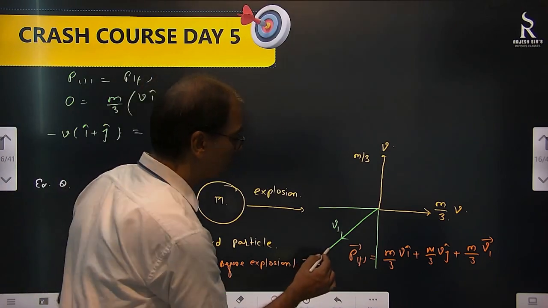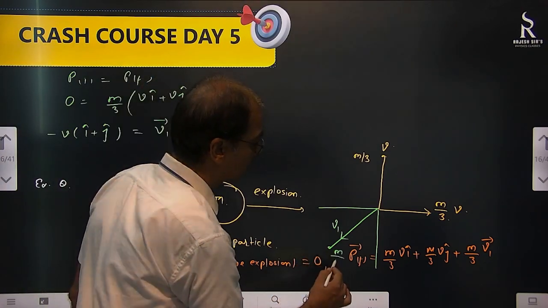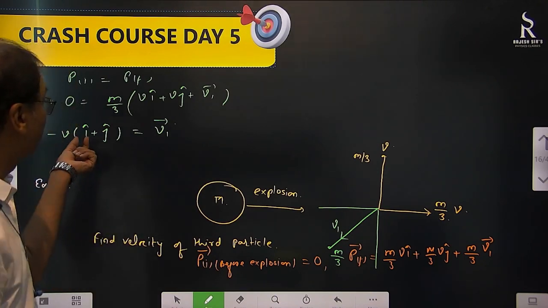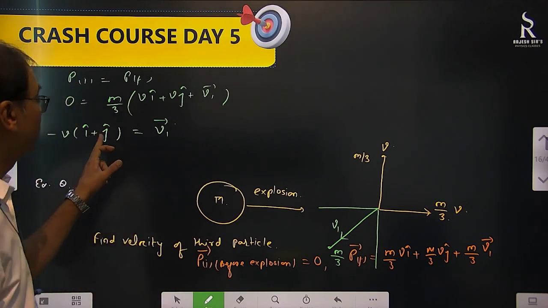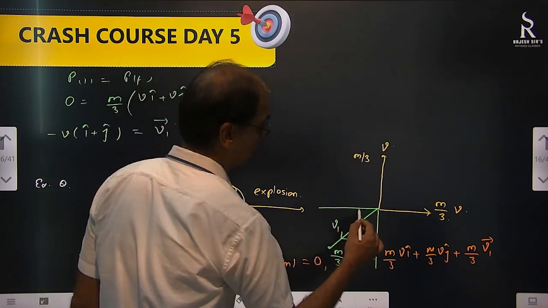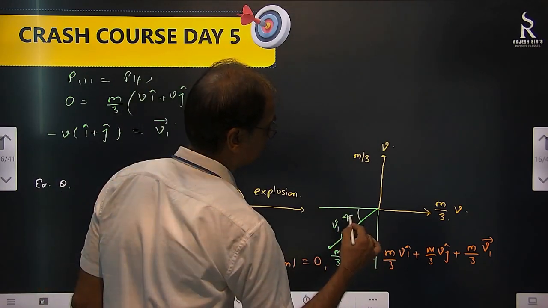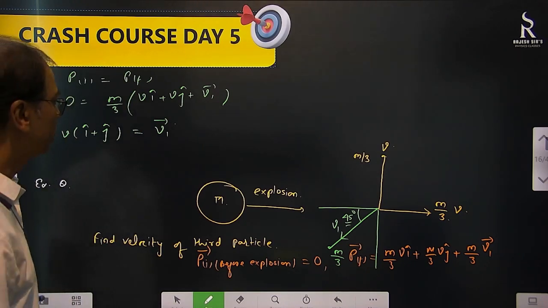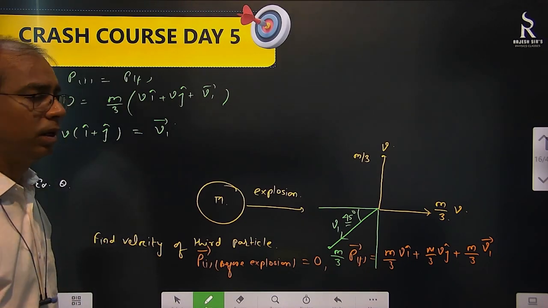The remaining m by 3 is going in this direction, because it is minus i plus j. The magnitudes of i and j are the same, so this is definitely 45 degrees. That we know, but what is its magnitude? That we have to find.